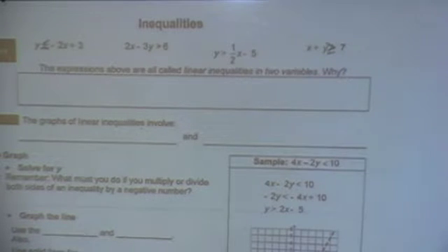linear inequalities in two variables. That's what they're called. So why would they be called linear inequalities in two variables? Exactly. They're inequalities because they have less than or greater than signs, not equal signs. X and Y. And then they're linear because they're all linear functions.